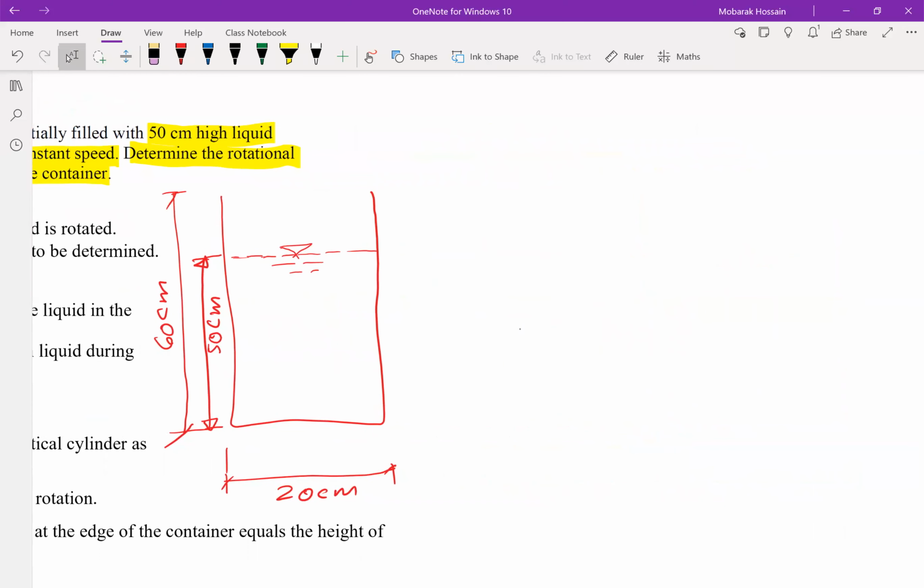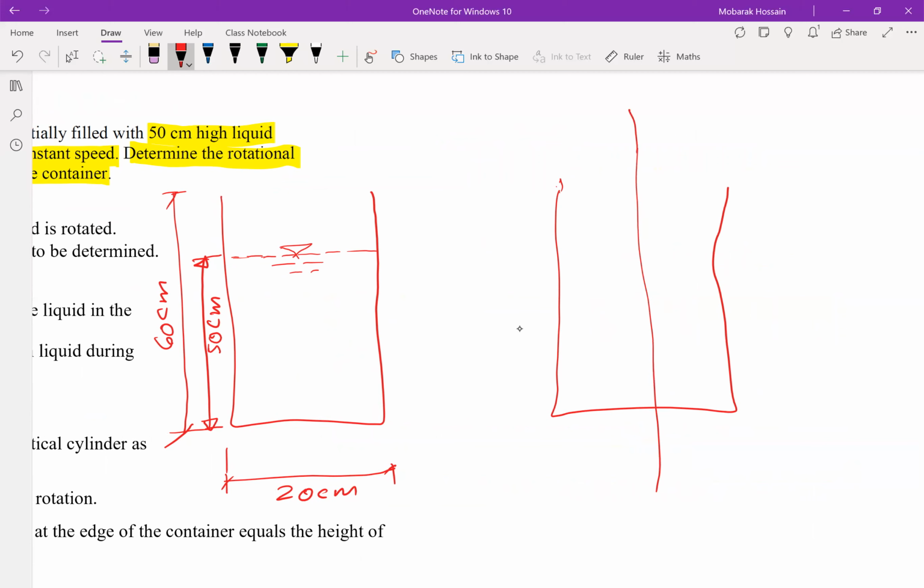So if I draw now the rotation case, if we start to rotate along this axis, at static position your liquid level was here, so this is a free surface.